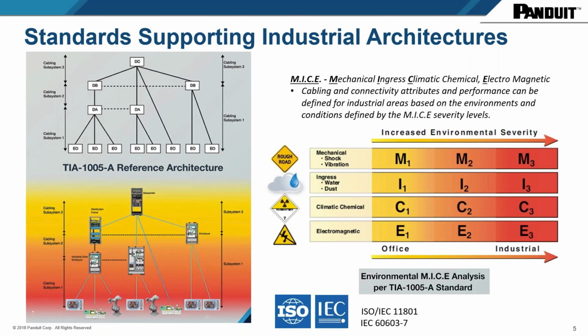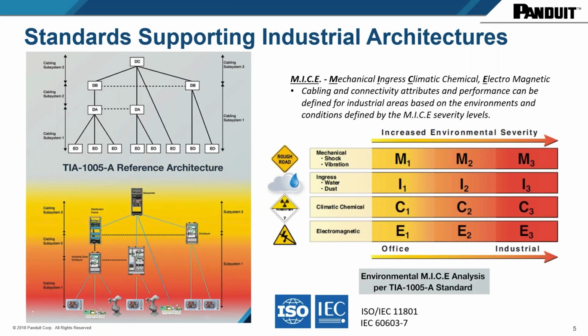In a star topology, we are looking at how a network is communicating from an edge device at the EO level, at the very lowest point in a communication network, which in the commercial space can be a computer, a laptop. In the industrial space, it could be a sensor.